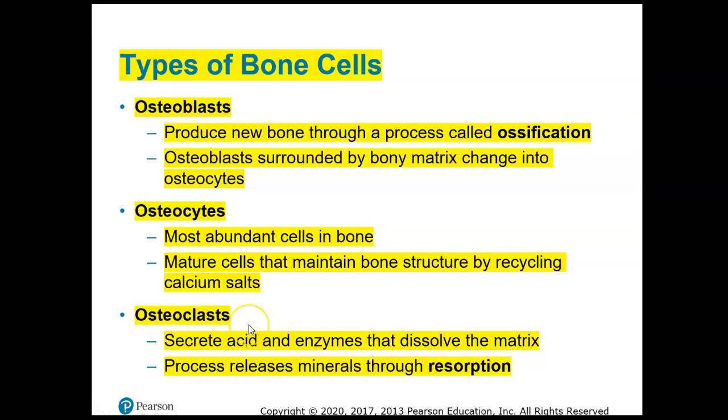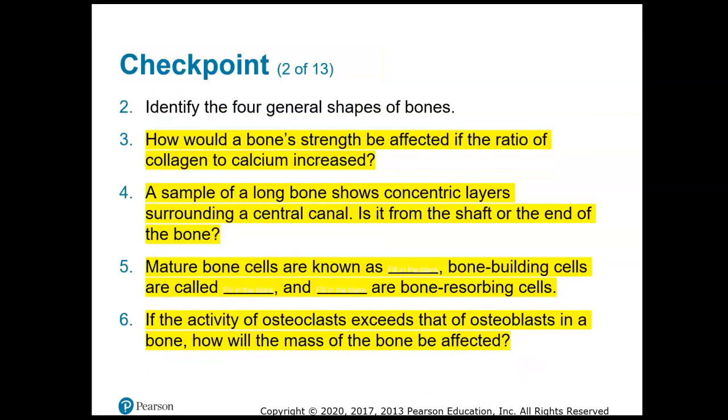So I'm sorry, I said that backwards. I apologize for that. Make sure you know this, that osteoblasts are making new bone tissue. Osteoclasts are constantly breaking down bone. So what happens is osteoclasts secrete acids and enzymes that dissolve the bone matrix, and that releases minerals like calcium and allows those minerals to enter the blood, and that's called resorption.